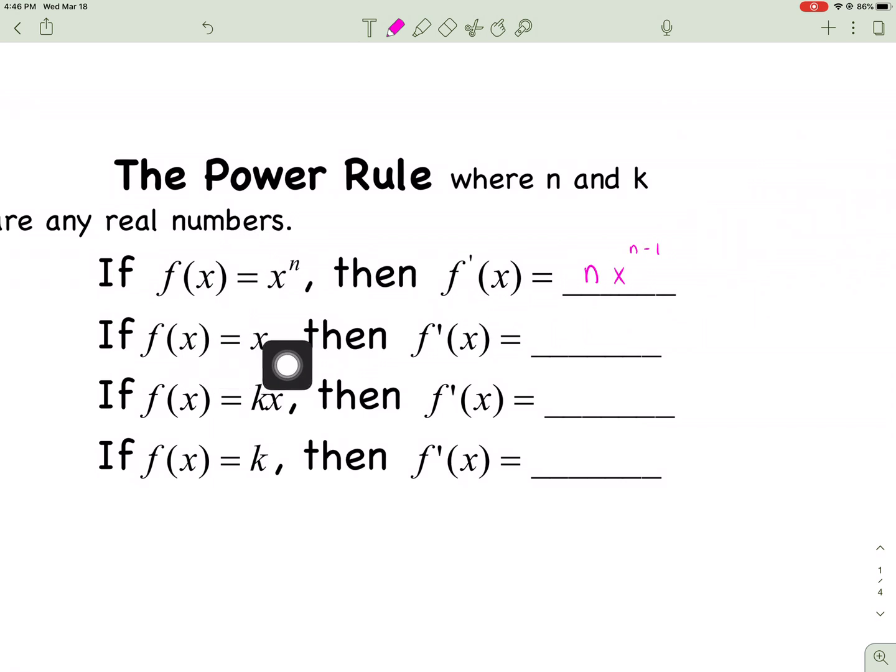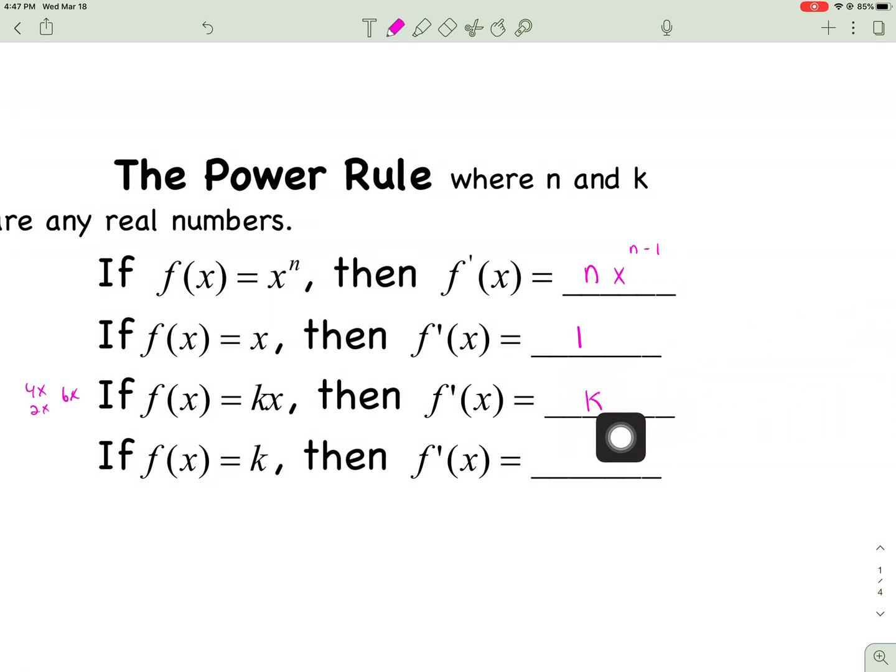So if f of x equals x, then, for example, the derivative will be 1. If f of x equals kx, so anything linear like 4x or 2x or 6x, then the derivative will just be whatever that lead coefficient is, because when you decrease the exponent by 1, it becomes 0, and then you get 6 times x to the 0, which is 1, and then you just get 6.